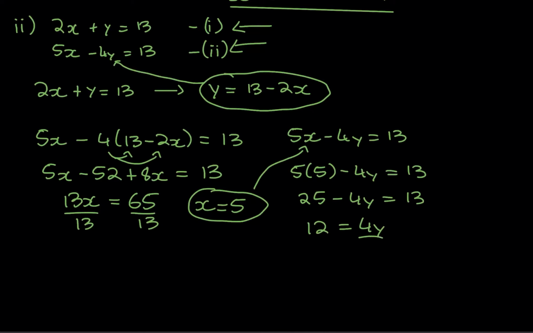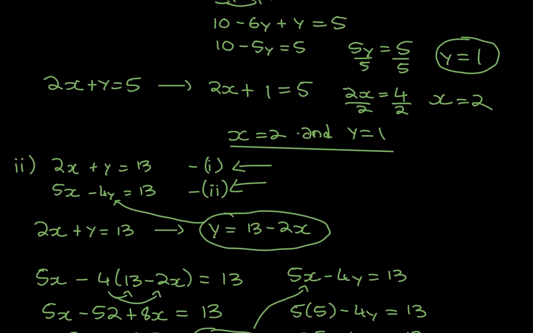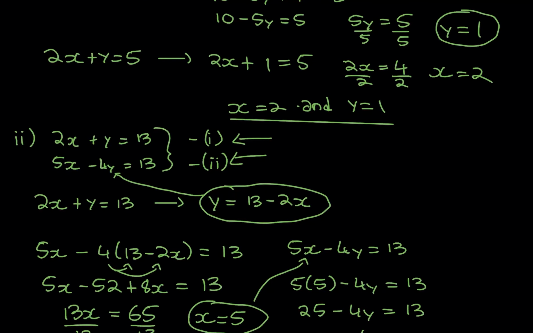Then divide both sides by 4, and you get y is equal to 3. So in this case, x is equal to 5 and y is equal to 3. Both of these are a pair of solutions that will solve these equations simultaneously.